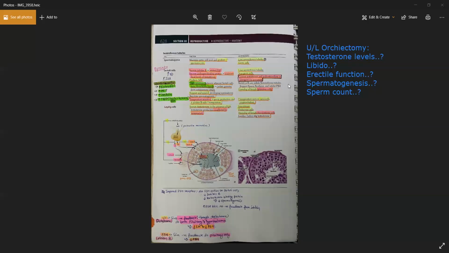The negative feedback will be reduced, and as a result, you will have an upregulation of LH and FSH. Whenever you have an upregulation of LH, the remaining testis will have an increased production of testosterone from the Leydig cells.